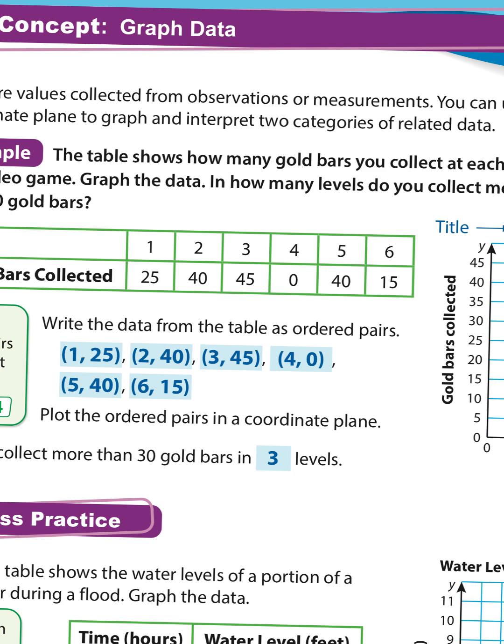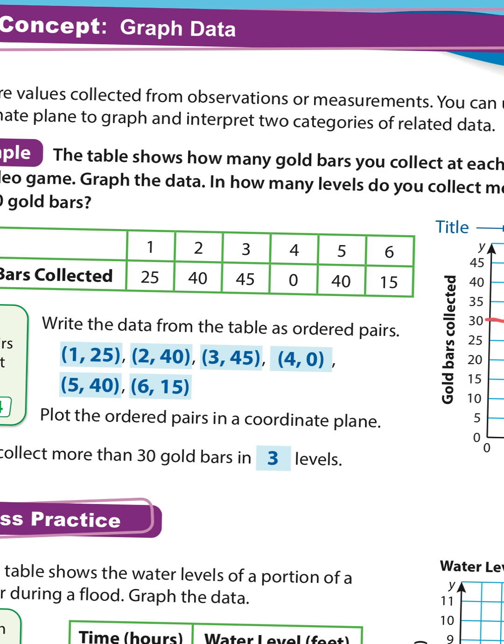The points are representing the levels. The question is asking, how many levels did I collect more than 30 gold bars? So what Chase is seeing is he's looking over here at 30, and it's like this invisible line. I want to see anything above that line. How many dots do I have above that line? 3. That's representing my levels. So I have 3 levels. That's why there's a 3 there. Okay, are we good so far?